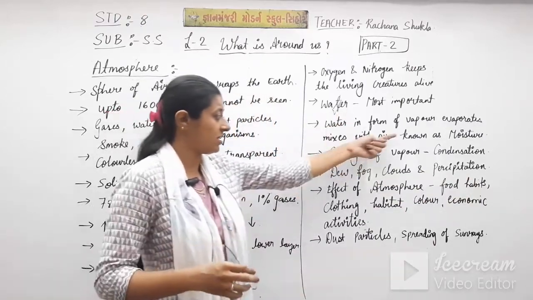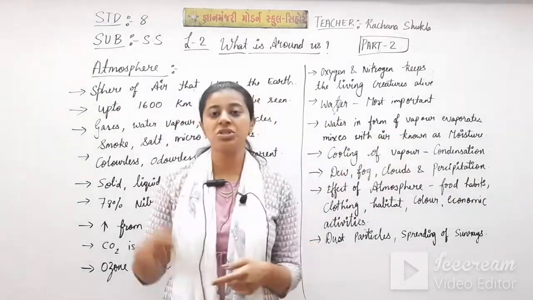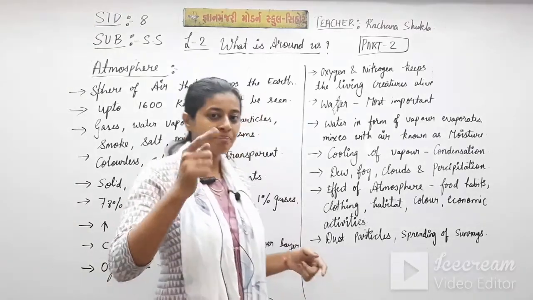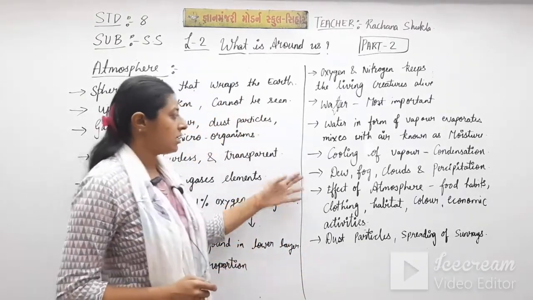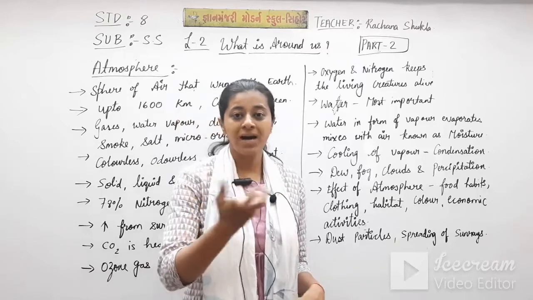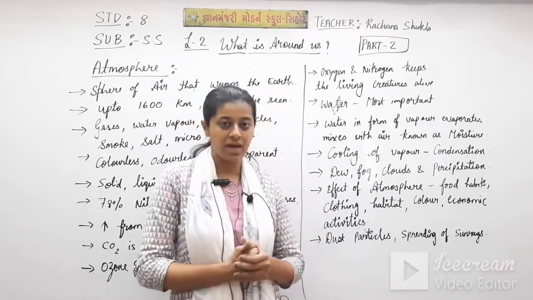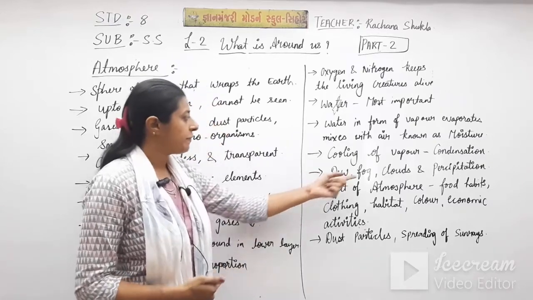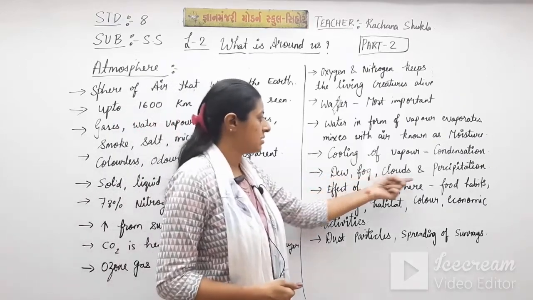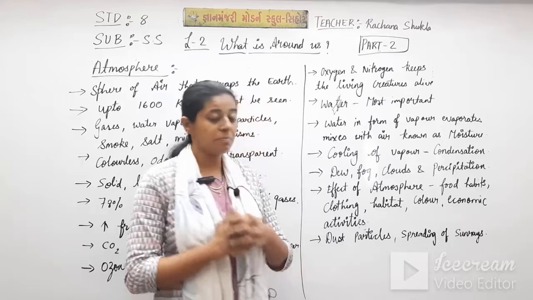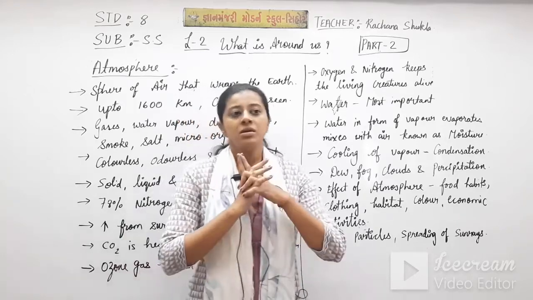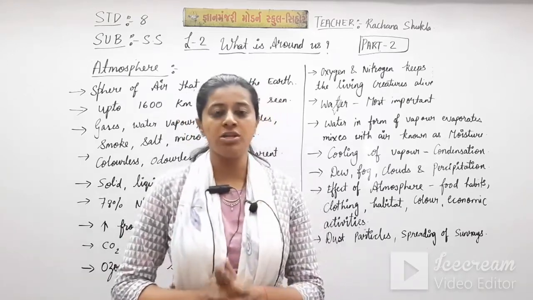So moisture and condensation all take place in the atmosphere. Now the types of moisture found in the atmosphere are dew, fog, clouds, and precipitation.